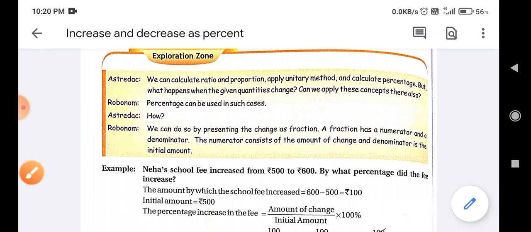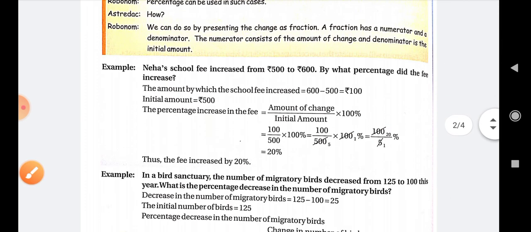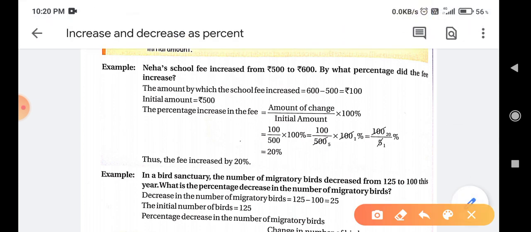Now we will discuss some examples regarding this. Neha's school fees increased from 500 to 600 rupees. By what percent did the fee increase? So the amount by which school fees increased is 600 minus 500, which is 100 rupees.